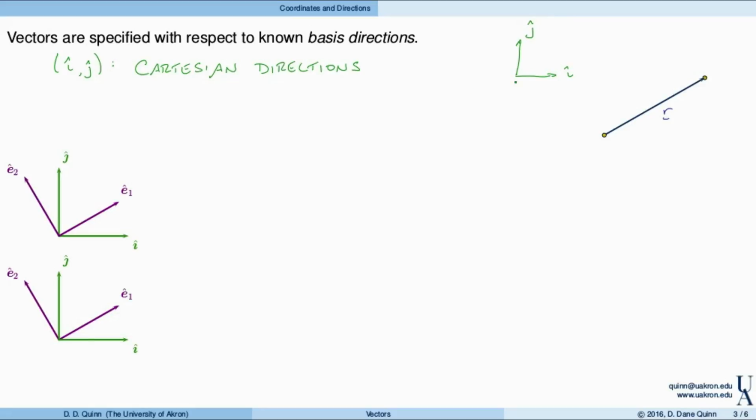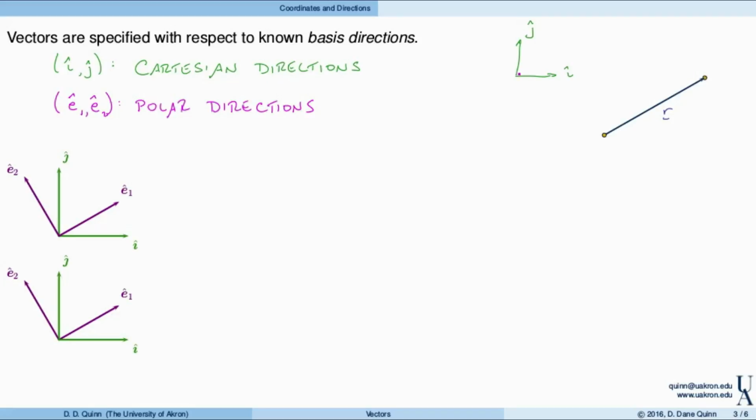Now, these aren't the only directions that we could define. I could also define directions that move with the object. Those might be polar directions, and we'll define E1 and E2 as a set of polar directions. And those, again, move with the vector.